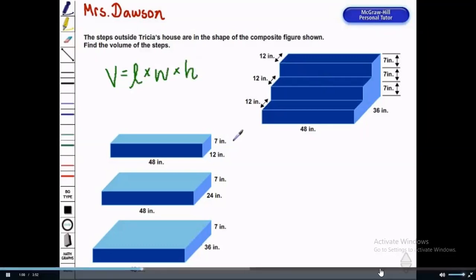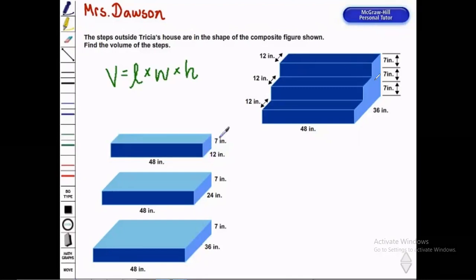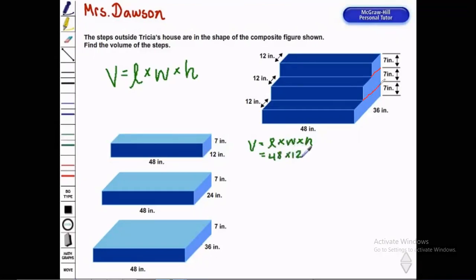Do these 3 separately and then find the sum. The top step is 48 inches across, 12 inches deep, and 7 inches high. So the volume is 48 times 12 times 7, and the product of those 3 numbers is 4,032.